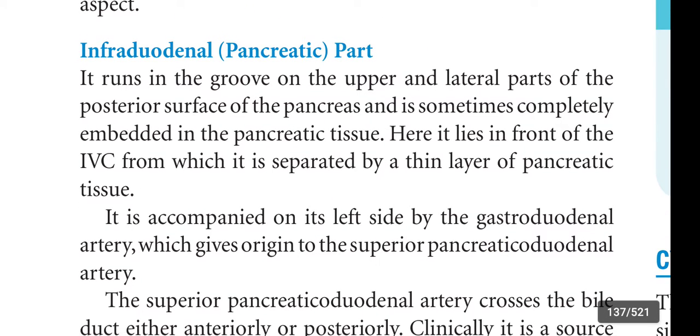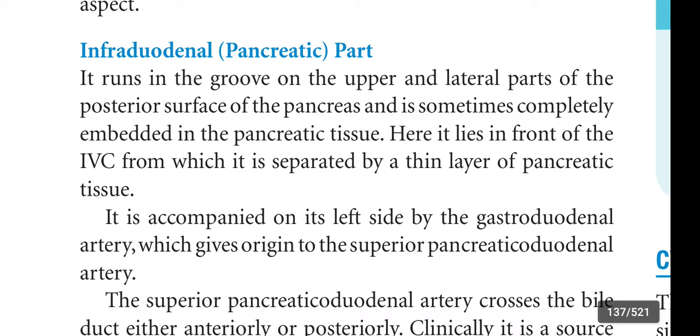Once again, infraduodenal, also called pancreatic part of the bile duct. It runs in the groove on the upper and lateral parts of the posterior surface of the pancreas and is sometimes completely embedded in the pancreatic tissue. Here it lies in front of the inferior vena cava, from which it is separated by a thin layer of pancreatic tissue.